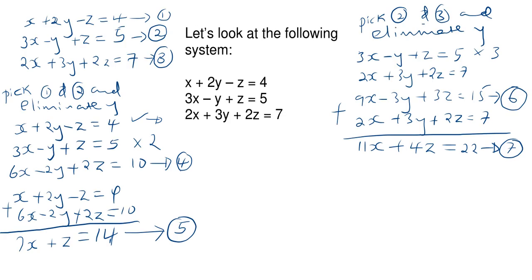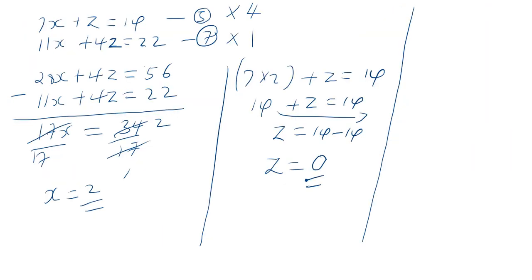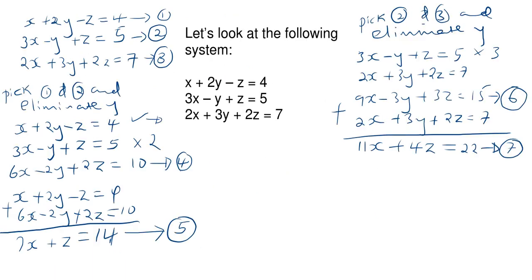So we shall take our value z is 0 and x is 2 and substitute in either of these 3. So I will substitute my values in equation 1. So my equation 1 is x plus 2y minus z is equals to 4.